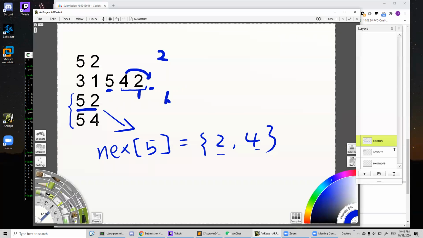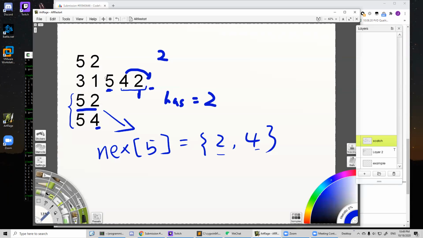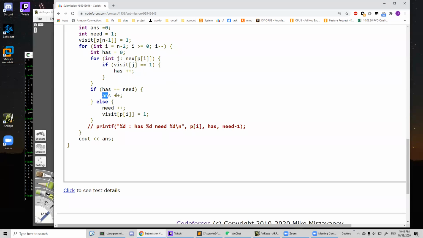And try another pair, 4 is visited, so we increase hash by 1. So in total, hash equals 2, and the need is also equal to 2. That means we can move this current digit to the right of the final digit, right?